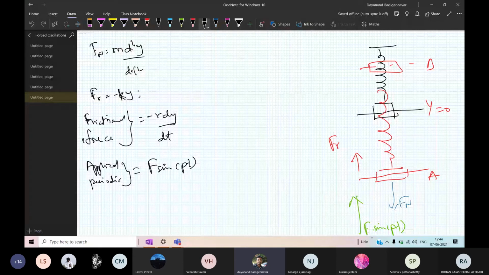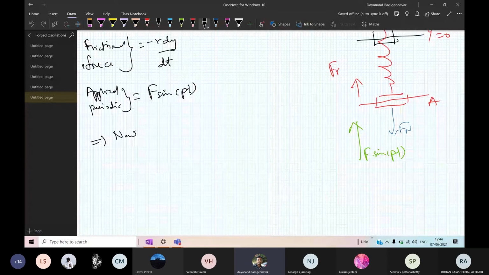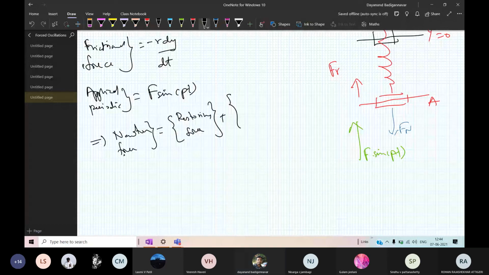Now after equating these, I get the equation for SHM. So how do I have to apply? The first one is Newton's force. Newton's force should be equal to the restoring force plus the damping force plus the applied periodic force.